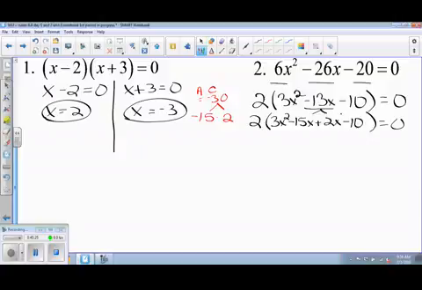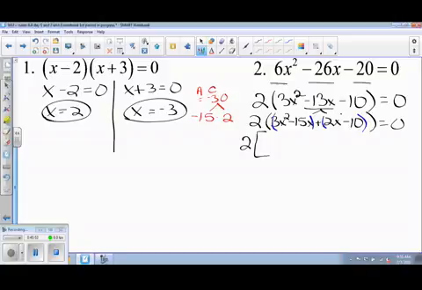If you want, on your paper you could take this off to the side and do the AC method, and then once you get your final factors, put them back right here. That's up to you, however you want to organize it. And so now we're going to group these two and these two. But don't forget, you still have this 2 on the outside. It's the first factor. You can't lose it just yet.